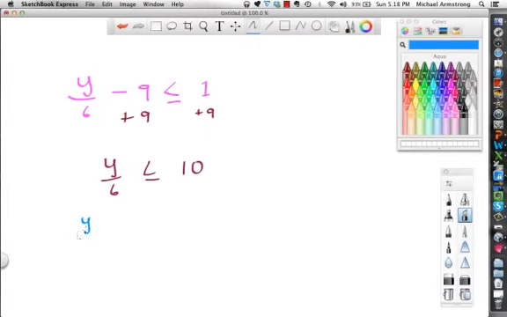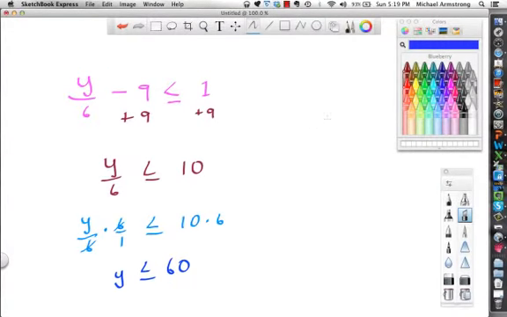So that's y over 6 times 6. You could write 6 ones just to help you see it. It's 10 times 6. So we multiply both sides times 6, and those 6's cancel. And so then our answer starts looking like y, so that's 1y, is less than or equal to 60.